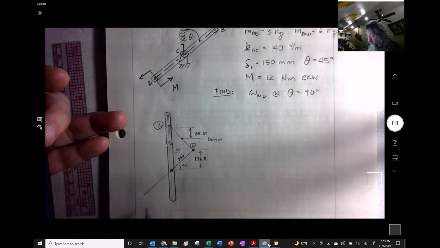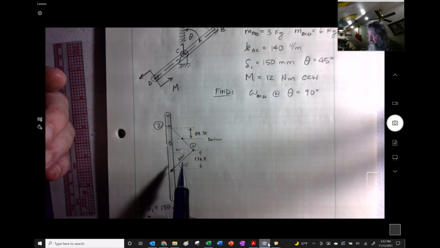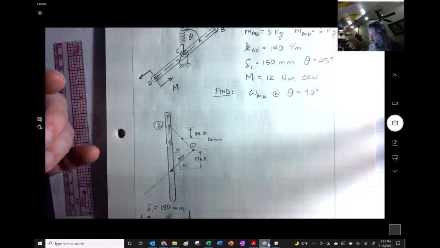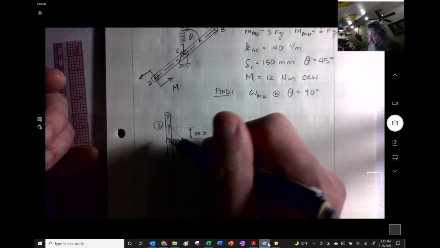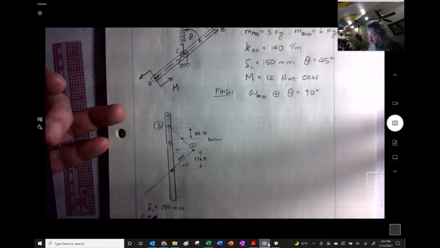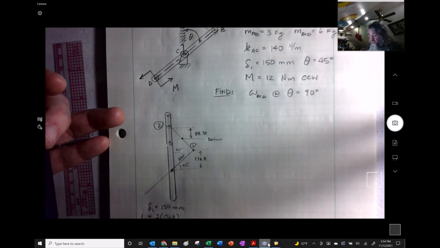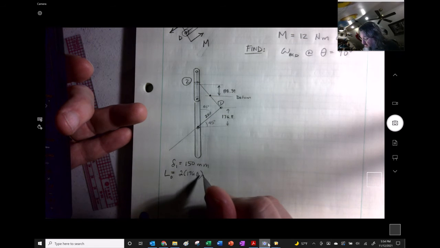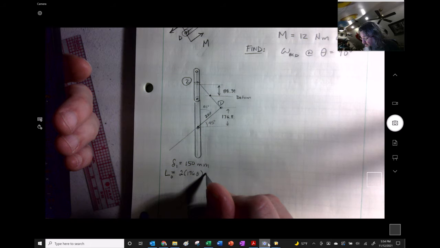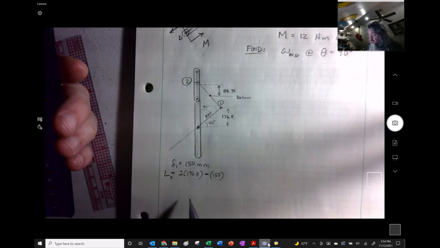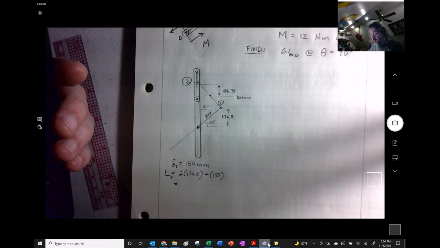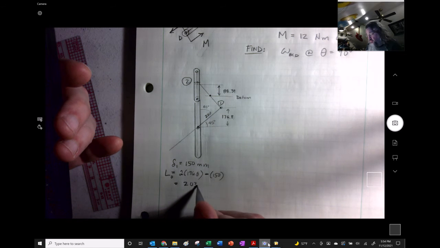If the original del was 150 millimeters, it's being stretched that amount, and its original length should be 2 times 176.8 minus 150. So we could say that its original length is 203.6 millimeters.